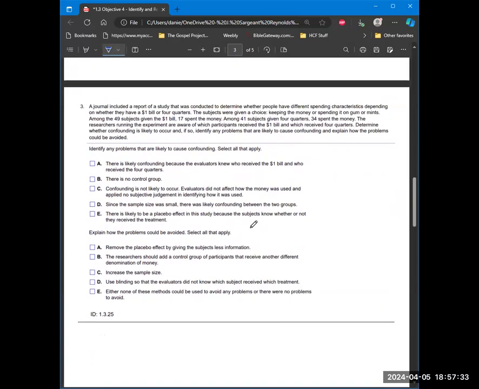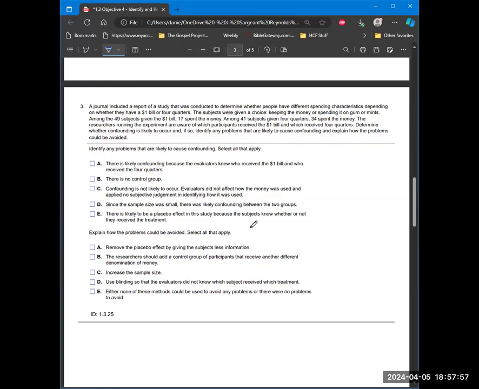And it says, a journal included a report of a study that was conducted to determine whether people have different spending characteristics depending on whether they have a $1 bill or 4 quarters. The subjects were given a choice, keeping the money or spending it on gum or mints.